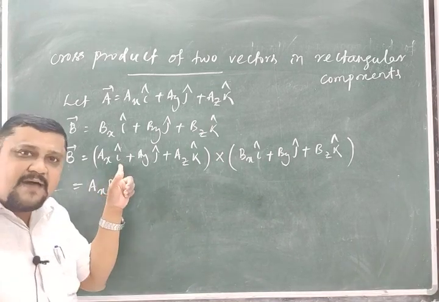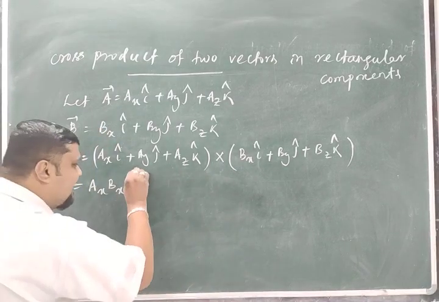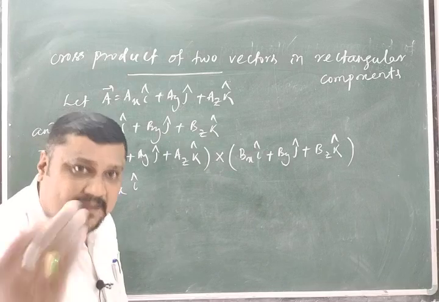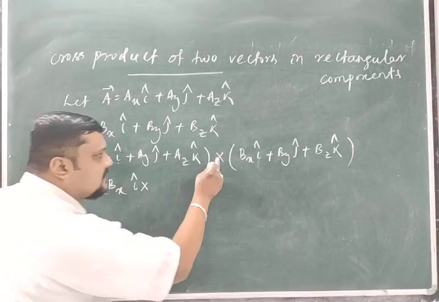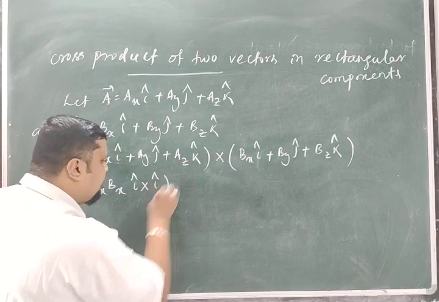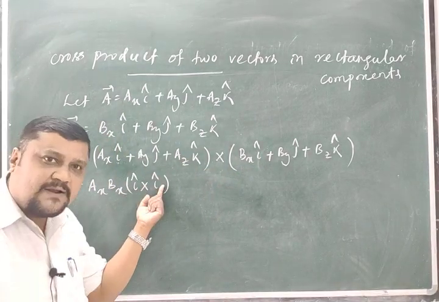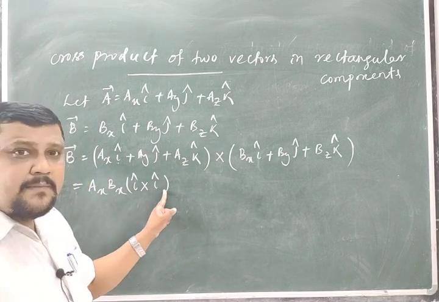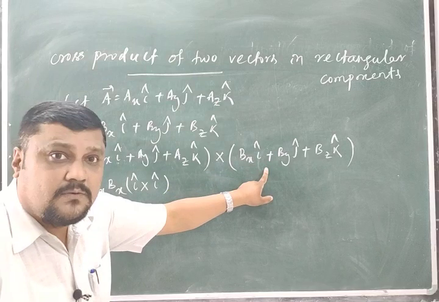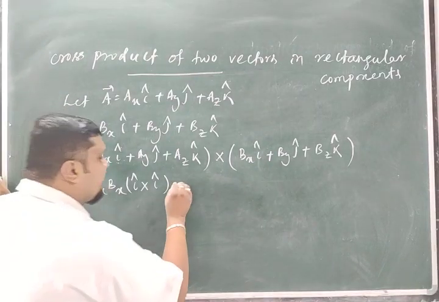But remember, I cap is a unit vector, so it should be written in the sequence I cap cross I cap. That is most important. For I cap cross I cap there is no problem, but when we are doing the other parts, remember which one multiplies with which one, because A cross B is not equal to B cross A.